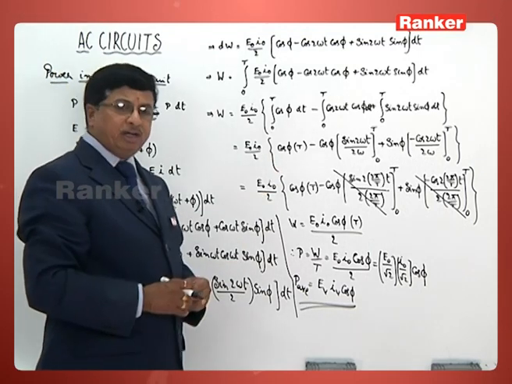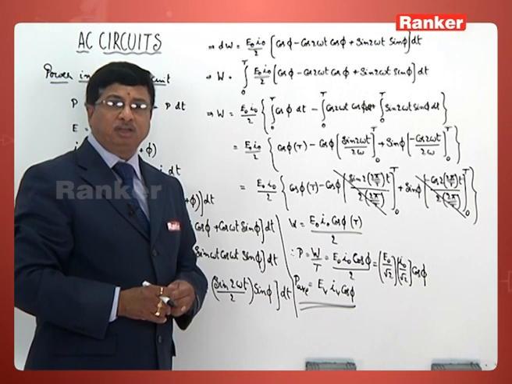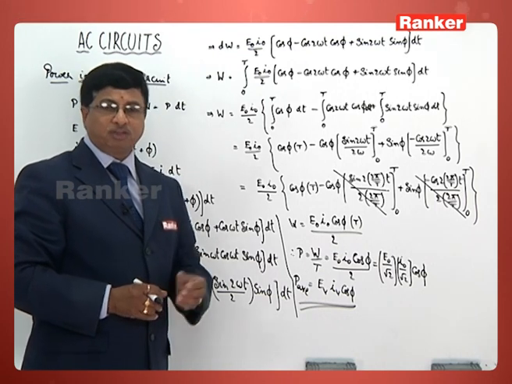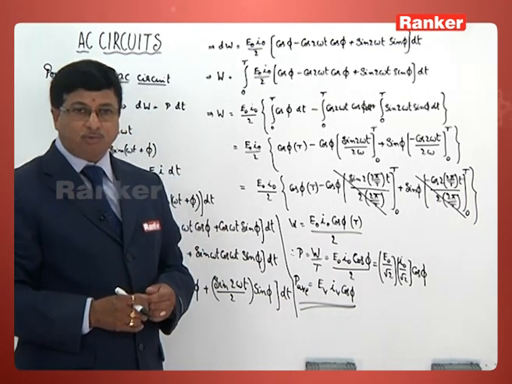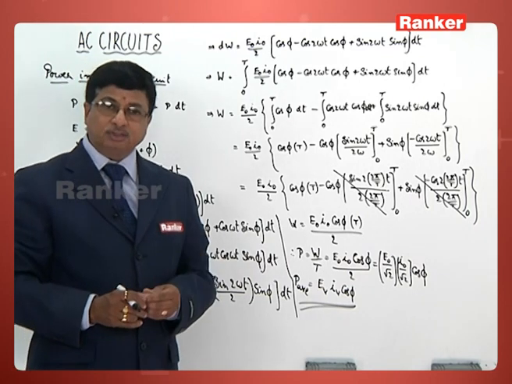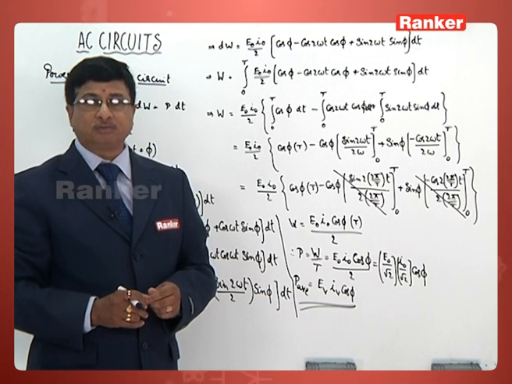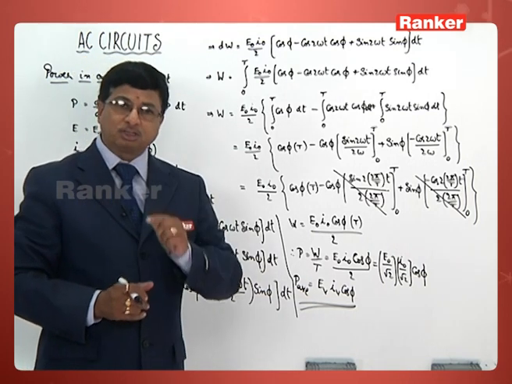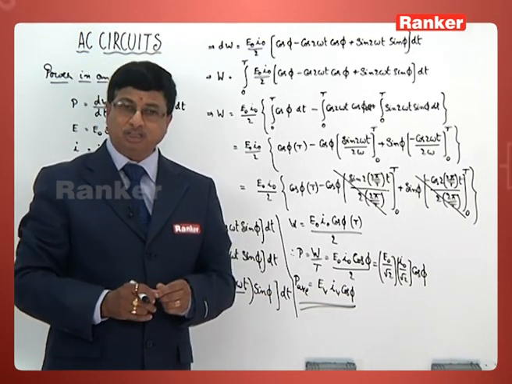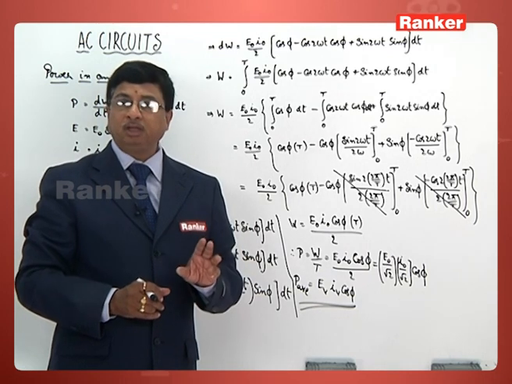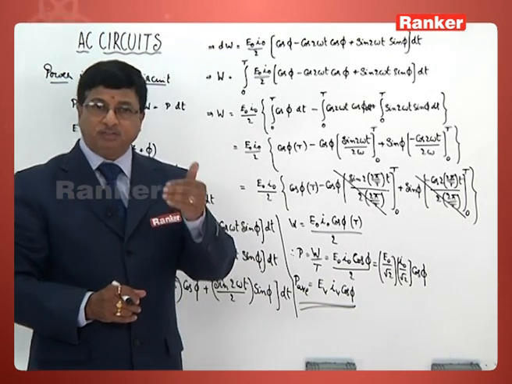But we have already discussed several AC circuits earlier. One exclusive resistance circuit we have taken, an inductance circuit, a capacitor circuit, then combinations we have discussed. In all those circuits individually when we take them, what would be the power in each case?